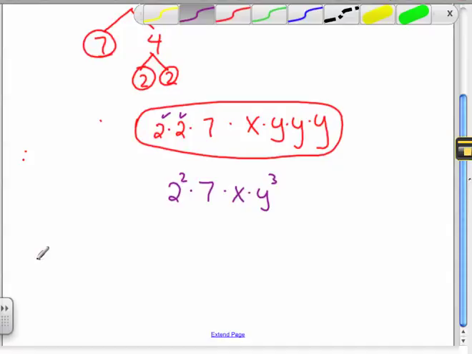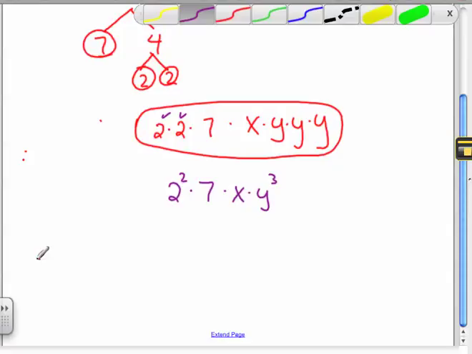Does 14 go into this number? Can I make 14 out of the ingredients that I have there? I can. Thank you. How about this? Does 4xy go into this number? Can I make 4xy out of the ingredients? I can, because I've got 2 times 2 is 4, I've got an x, and I've got a y. So 4xy goes into 28xy cubed.